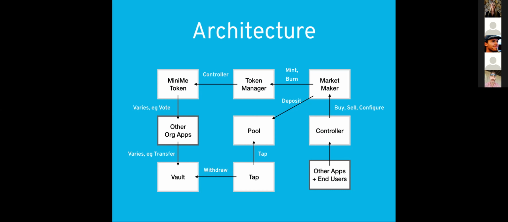The token manager is connected to a MiniMe token as the controller, and that MiniMe token can be connected to various apps within the Aragon ecosystem, such as the voting app. So you can have people that have these bonded tokens participate in governance if they want, or they can be completely passive.